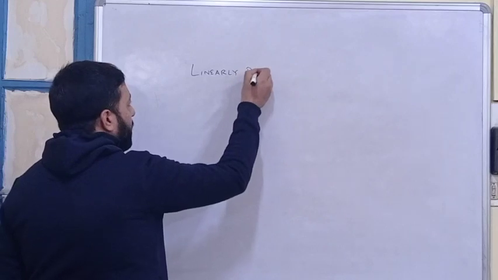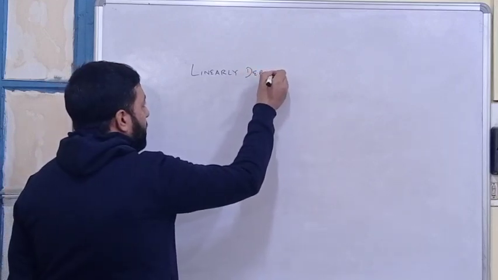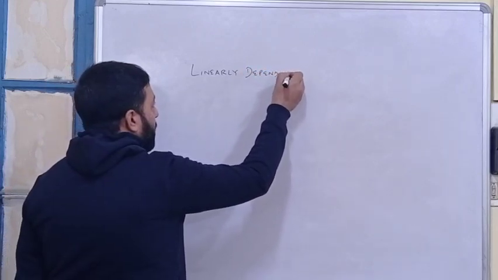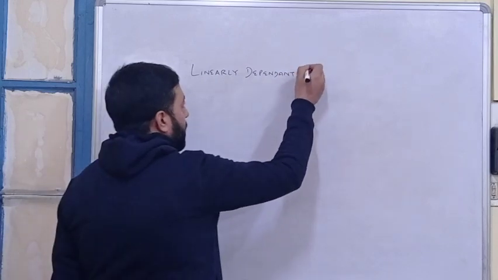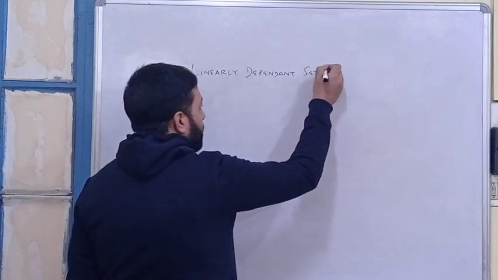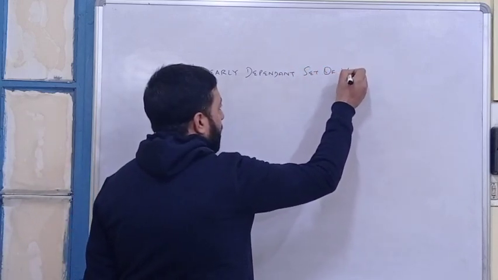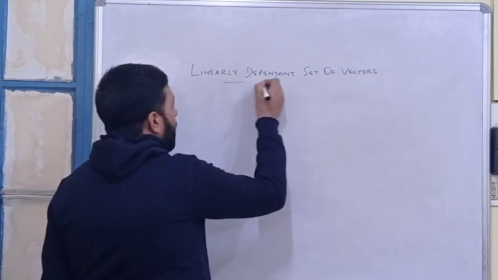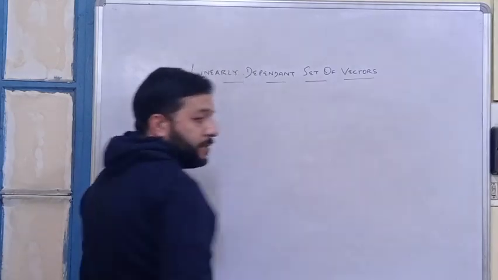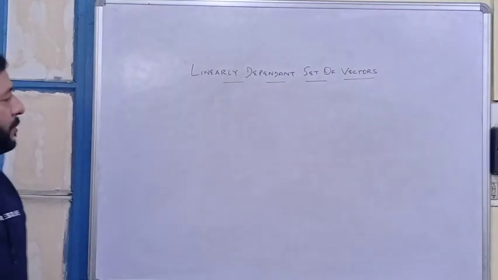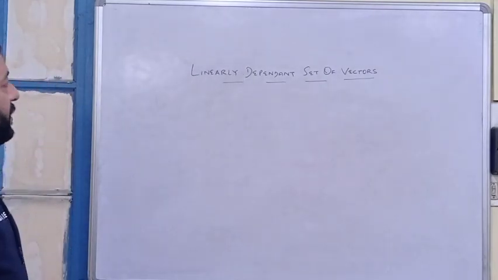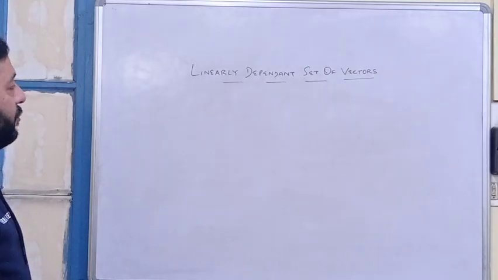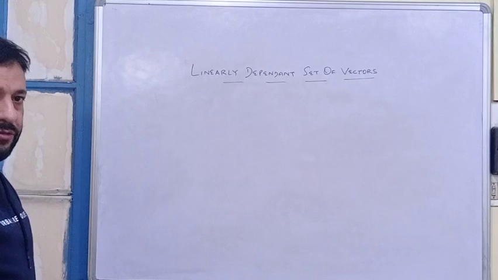Linearly dependent set of vectors. What is a linearly dependent set of vectors, and how do we prove the condition for a set of vectors to be linearly dependent?